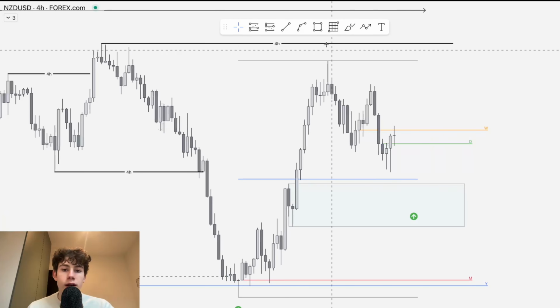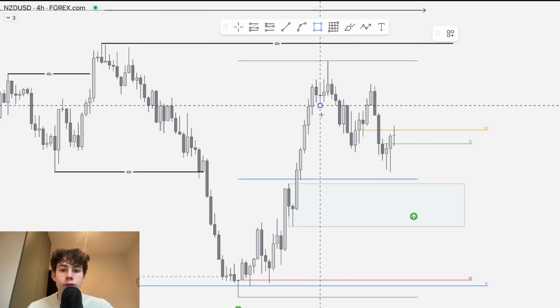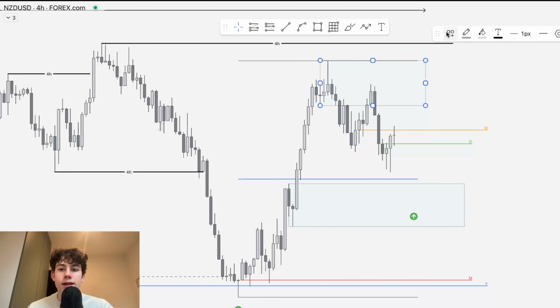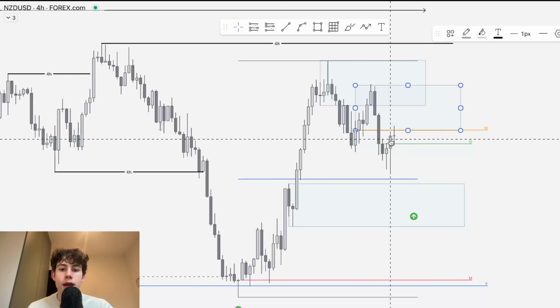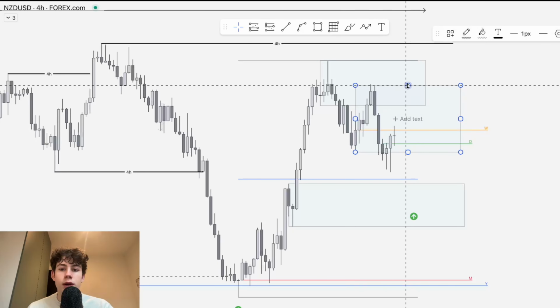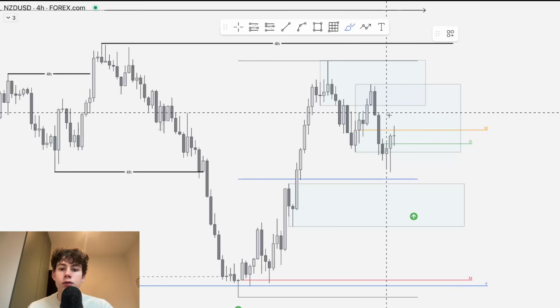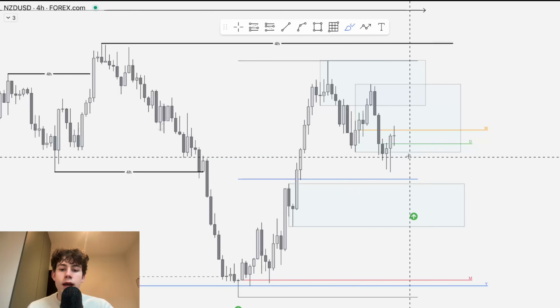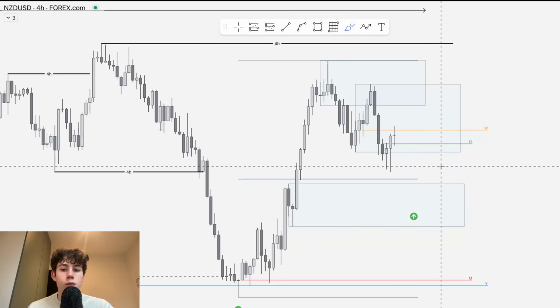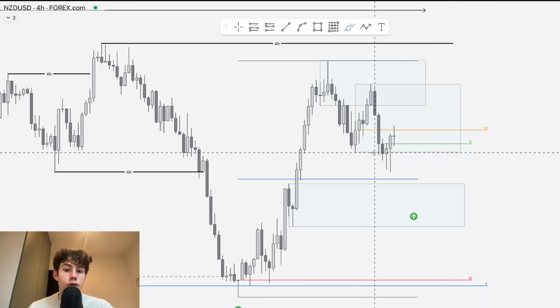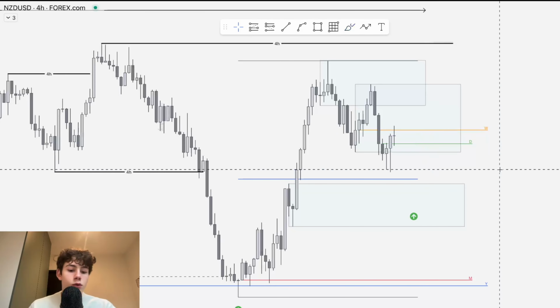Okay, but for now, what can we see? That we have bearish order flow, because we had this 4 hour supply, and now we have this 4 hour supply, which is in control and could push price down lower. And you can see that we also have that demand open, so perfect price point to trade towards.